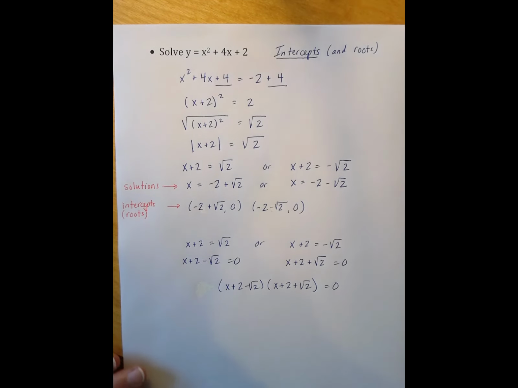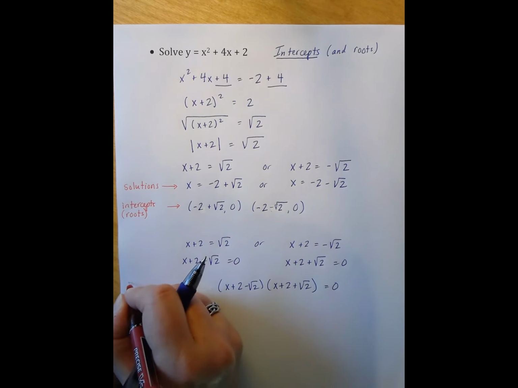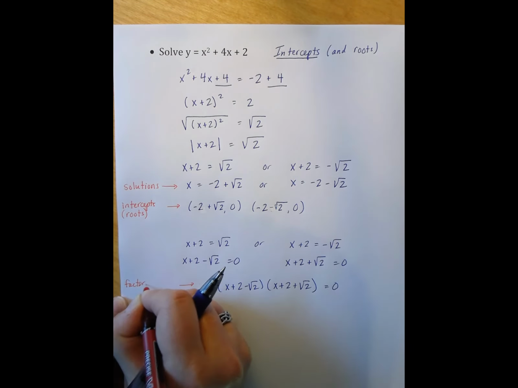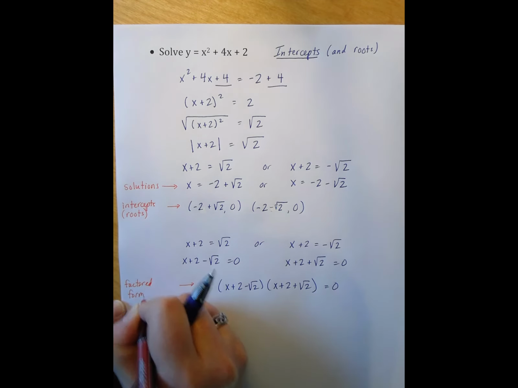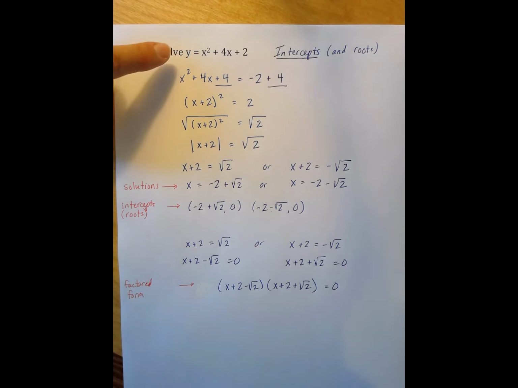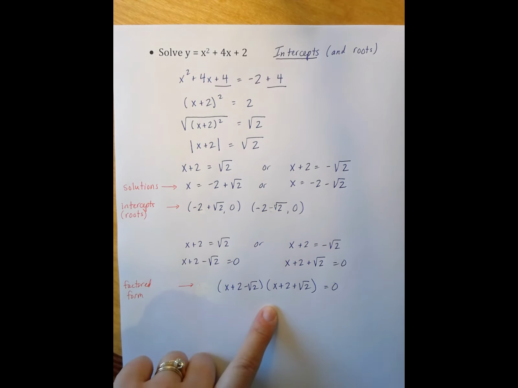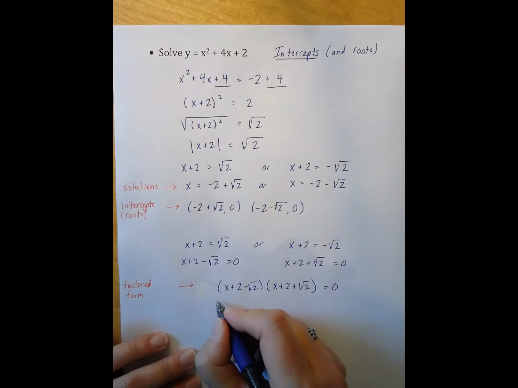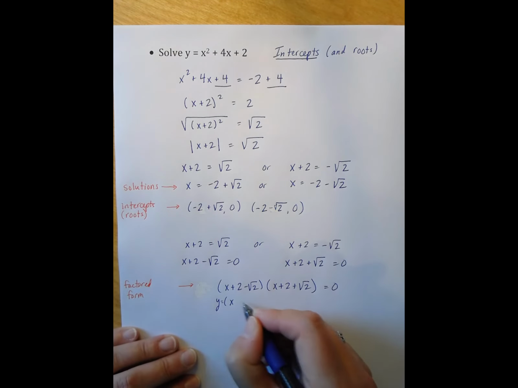So again, even though we could not factor the original problem, that doesn't mean I can't write it in factored form. It simply means that I cannot factor it the usual way because the factors are not integers.